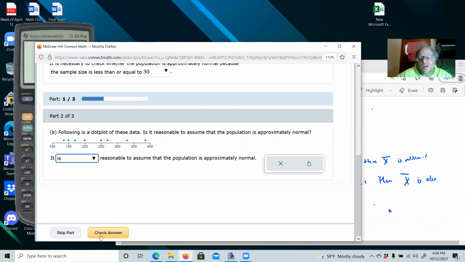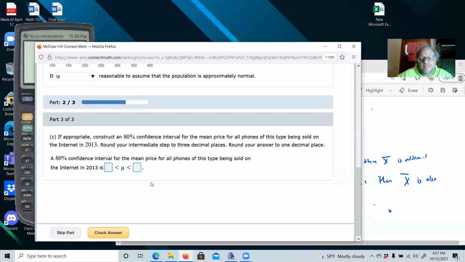If they tell me I'm wrong, I don't really have a recourse. There are ways to do it, but they don't show it in the book. And then, if appropriate, construct an 80% confidence interval. Damn you, 80%. For the mean price of all the phones. Actually, we don't have to worry about that because they just want us to do the confidence interval.